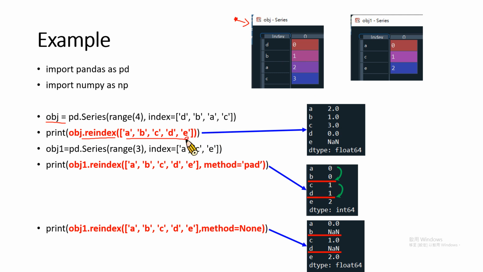But E is a new index, and we do not assign a value for the index. So you see here, the value for the new index E is NaN. So it's not a number or not available.